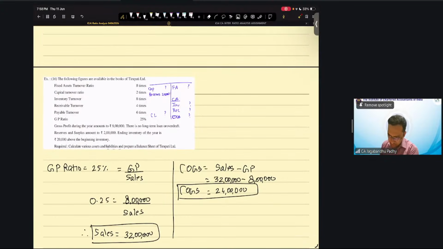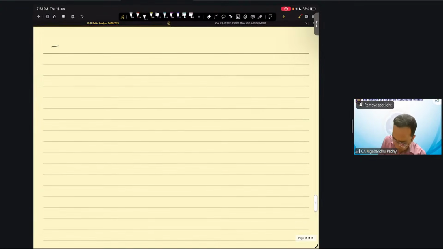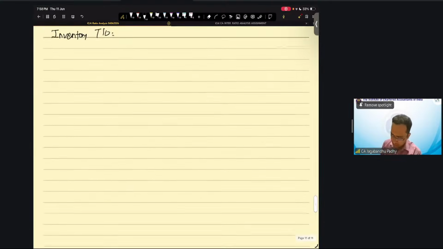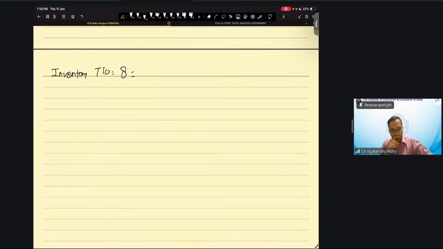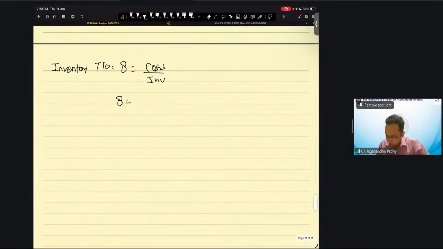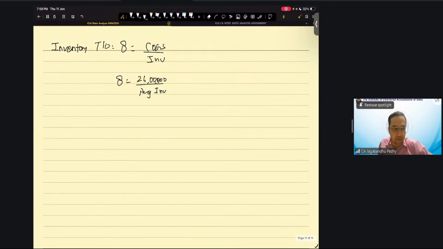Now let's go for inventory turnover. Inventory turnover is given as 8 times. In inventory turnover, we take COGS upon inventory. So COGS upon inventory, what is the COGS value? 24 lakh. So this is 24 lakh divided by average inventory. Normally we take the average inventory.